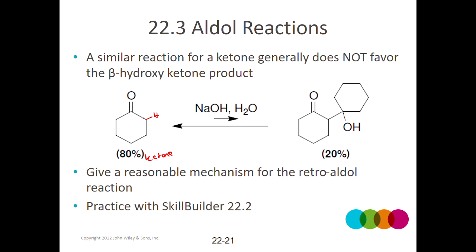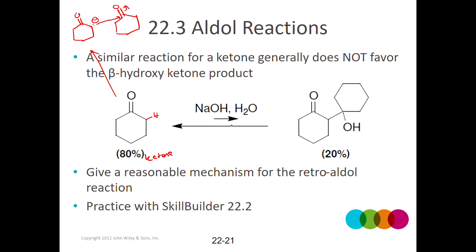It would do so in an equilibrium. So only some of the molecules would be converted into that enolate, and the remaining ones would then be susceptible to having an attack at the carbonyl carbon. So that would give this product, but it wouldn't be protonated yet, so it has to pick up a proton from a water, and then you'd have this aldol product.